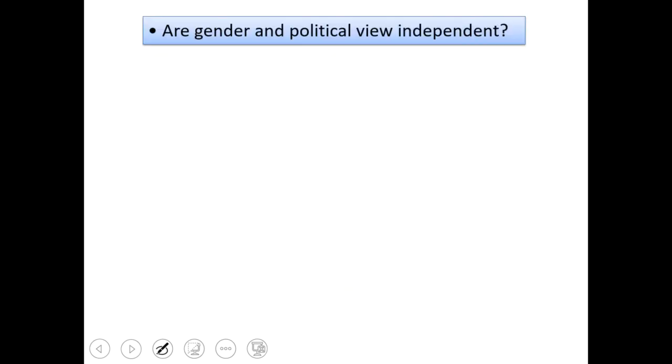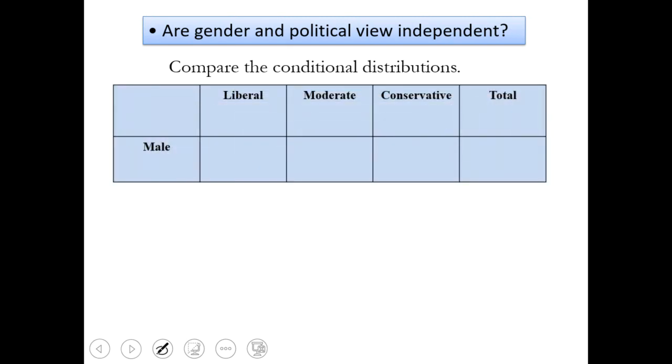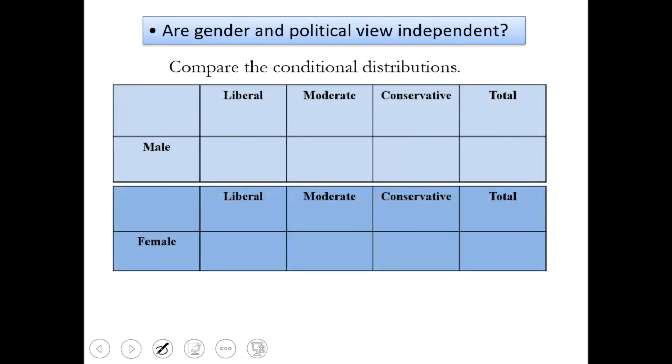So are gender and political view independent? Well, we compare the conditional distributions. We'd solve for each. Let's pull up our numbers again.